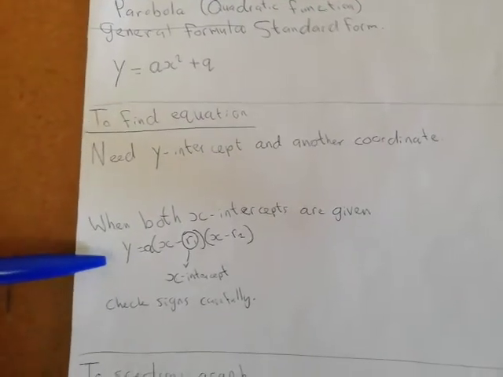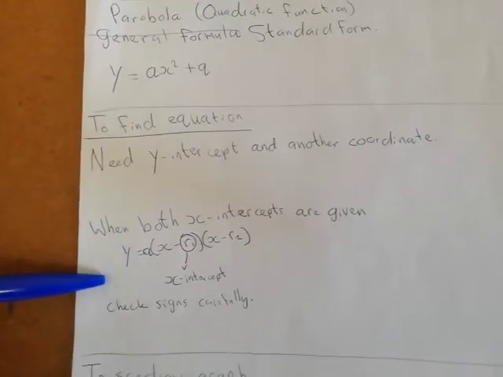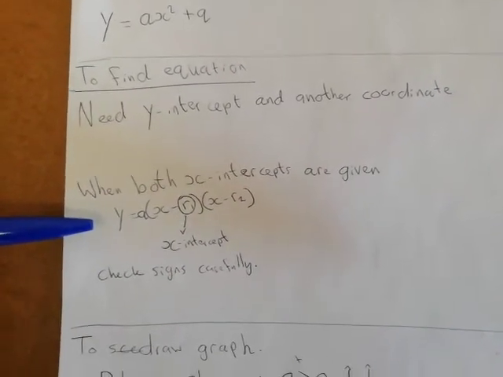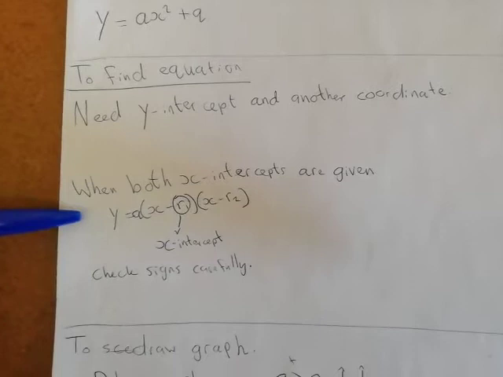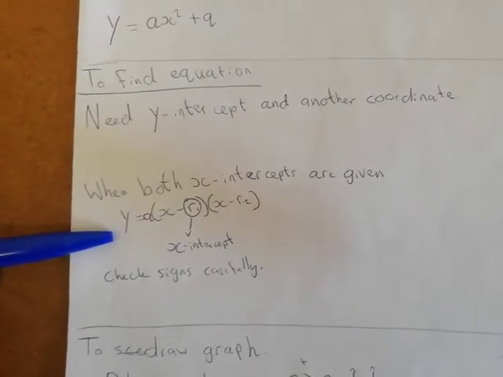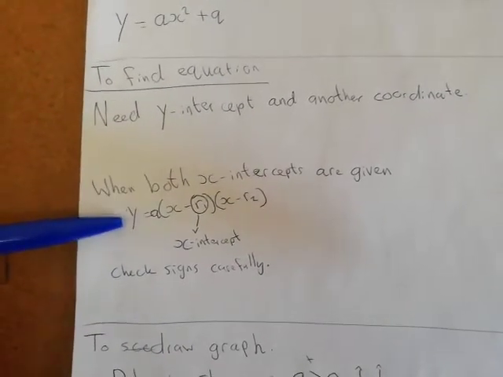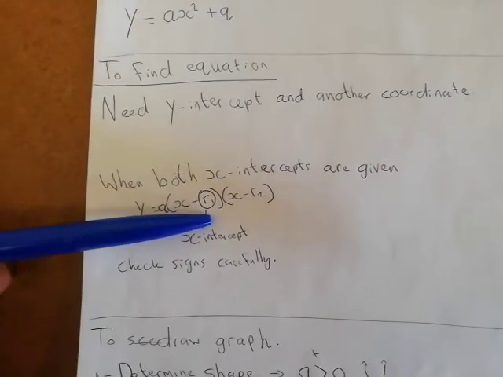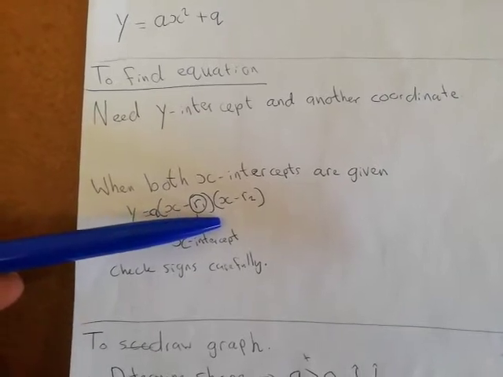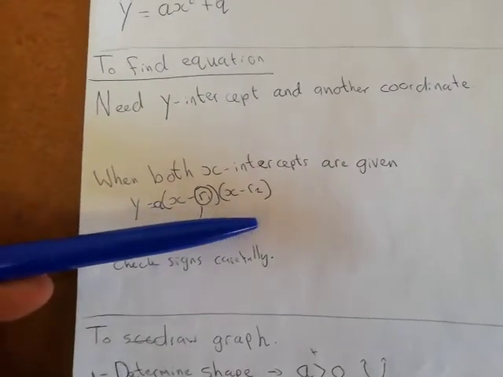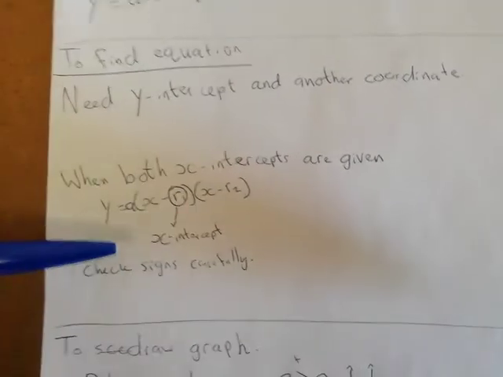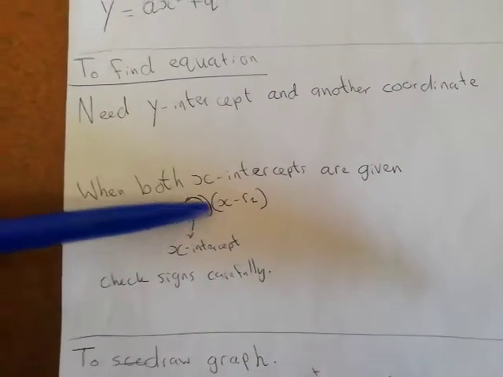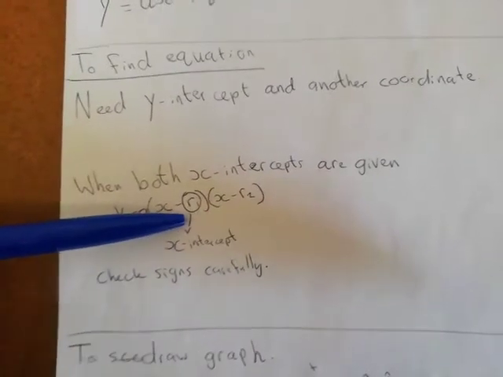From there, you substitute the other coordinate to find your a value. If they give you two x-intercepts and a different set of coordinates, you can go to the following formula: y equals a bracket x minus root 1, and for the second bracket x minus root 2. What this means is that the x-intercepts you have are the roots of the equation.